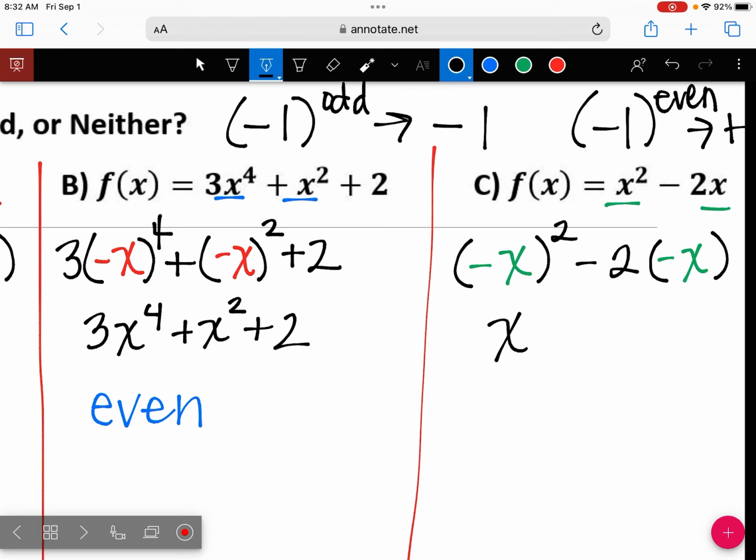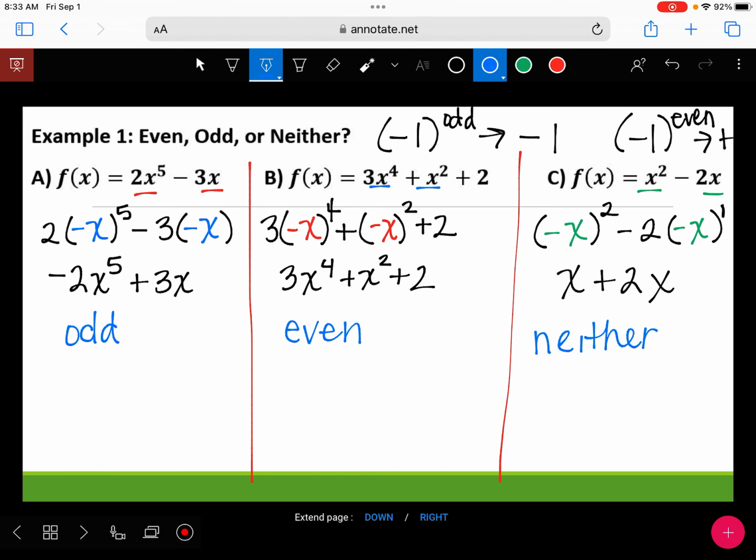But the second one has an exponent of 1, which is going to mean I'm multiplying -2 by -1, which is going to become positive. So when we look at this function and we compare it to what we started with, it's not an exact match, but it's also not opposite, because one stayed the same and one term flipped. So this is a neither.